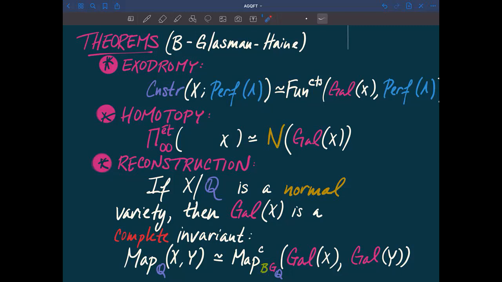Maybe I'll just say one thing, which is that one thing that's kind of tricky about this story is that it's difficult to see. For example, take one of these varieties over Q. The question of whether or not that variety is proper over Q is, at least in theory, a question that you ought to be able to answer just from this category.